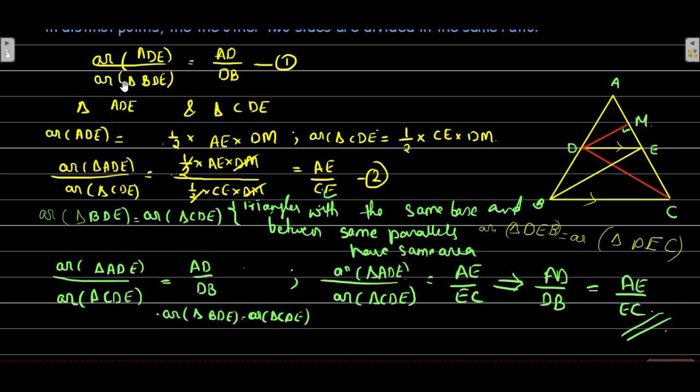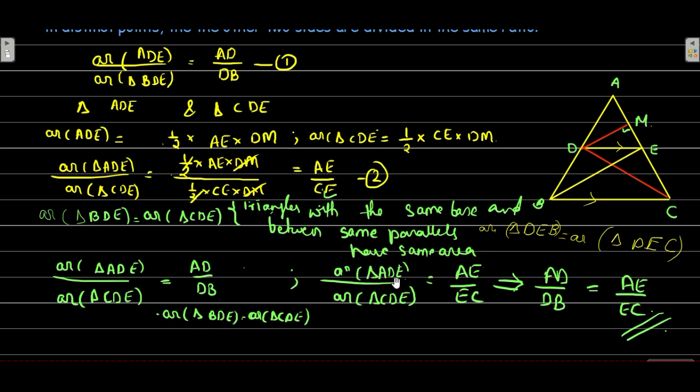So, instead of BDE, can we write CDE? Yes, of course, because these two areas are the same. So, in the first equation, instead of BDE, I am writing CDE. So, area of triangle ADE by area of triangle CDE is equal to the same thing, AD by DB.